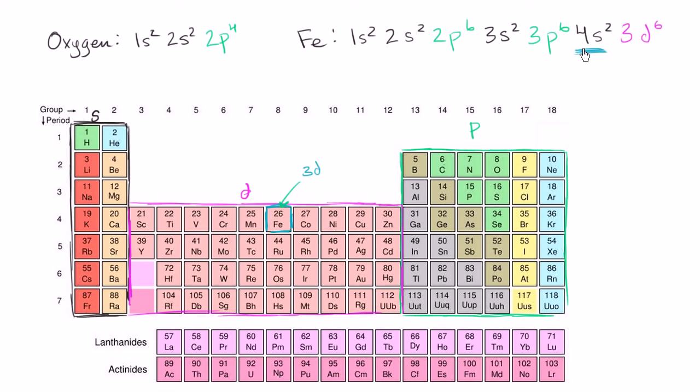And one way to think about it is that these higher energy electrons are filling in a three-dimensional probability distribution gap in the third shell. So the outermost electrons are in this 4s subshell, but the highest energy ones, one way to think about it, are in the 3d subshell.